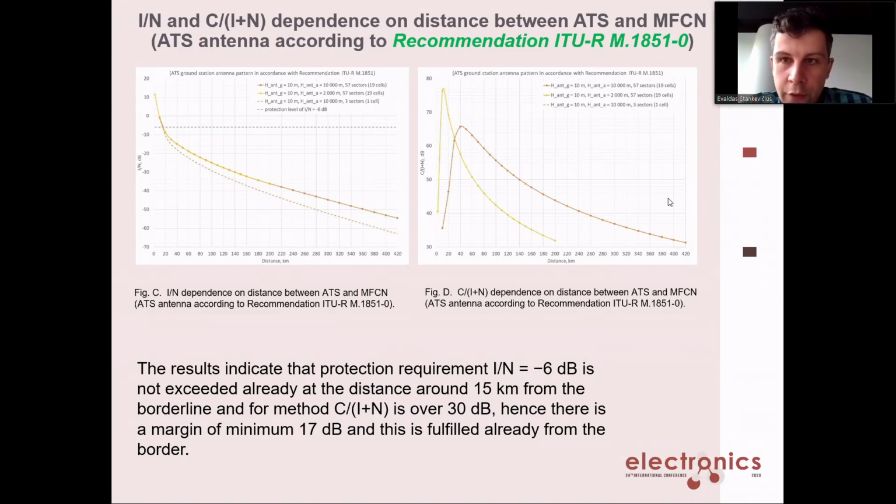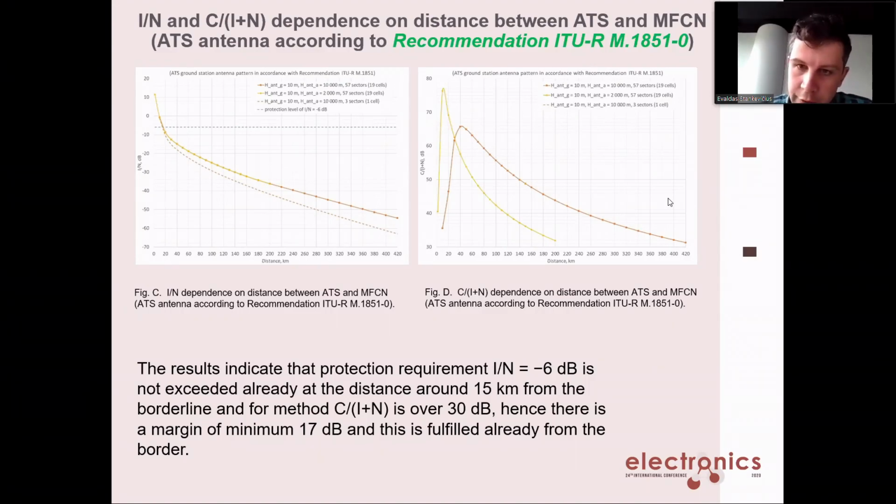The same calculations with a different antenna pattern, according to ITU recommendation 1851, give the same outcome: the more precise C over I plus N interference criteria shows a power margin of minimum 17 dBs.